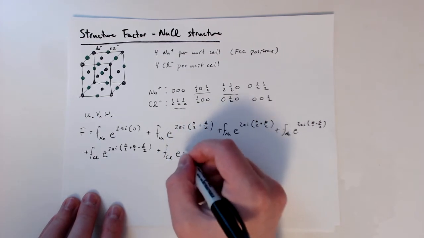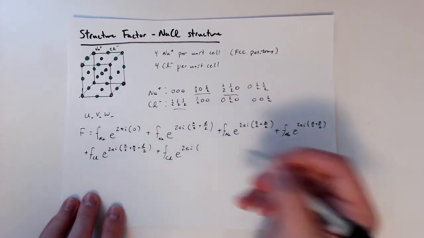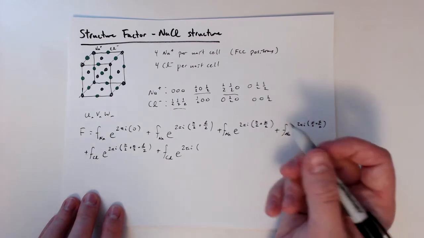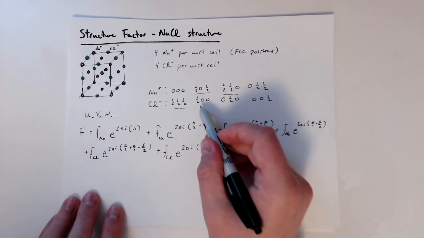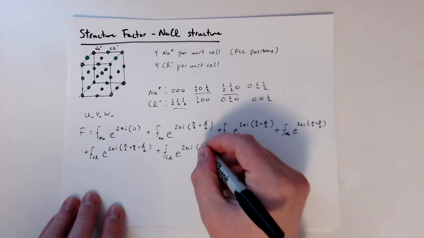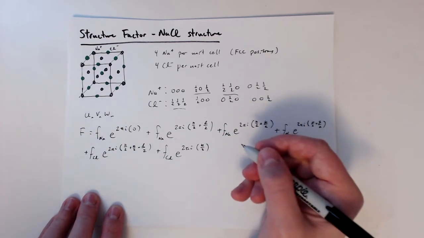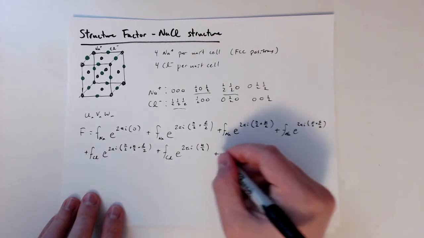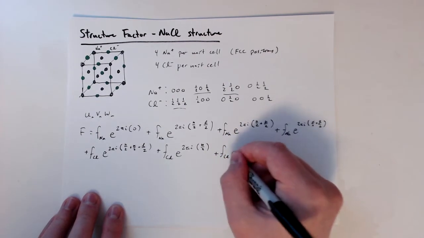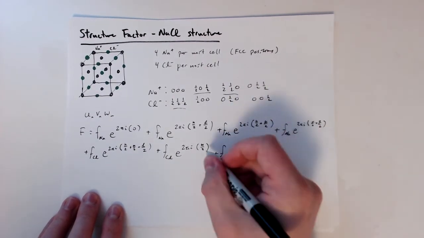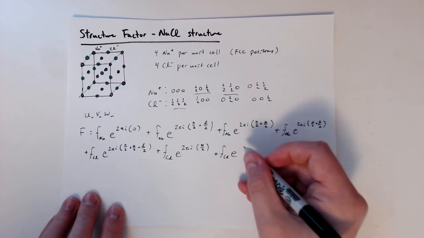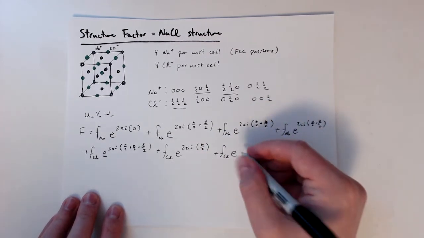The second term, they all have a very similar format to begin with, but then we have 1/2, 0, 0, so that's going to be h over 2, and then everything else is going to be 0. Plus, and you can see where this is going, there's going to be h over 2, k over 2, and l over 2 for the last terms.